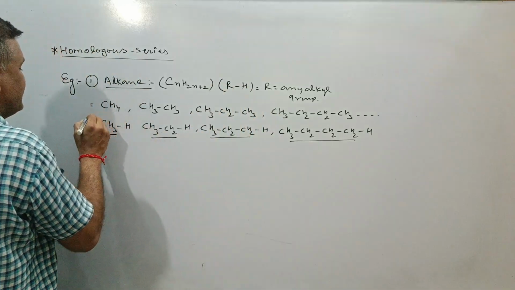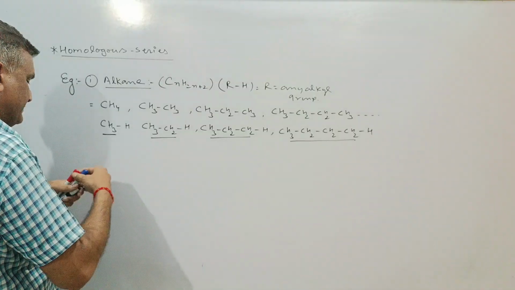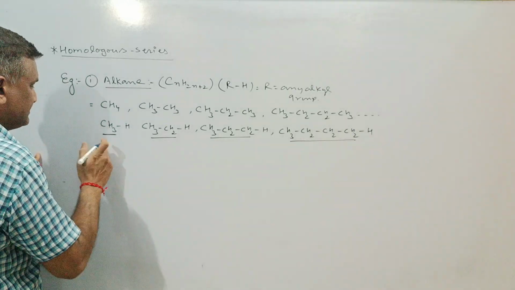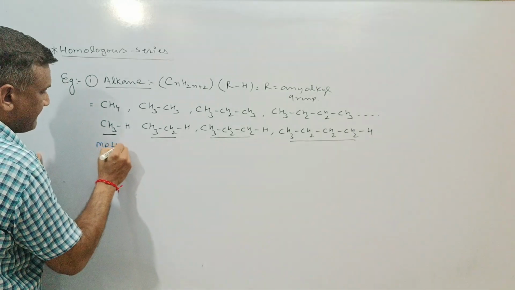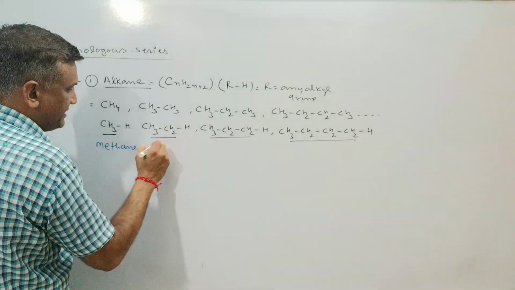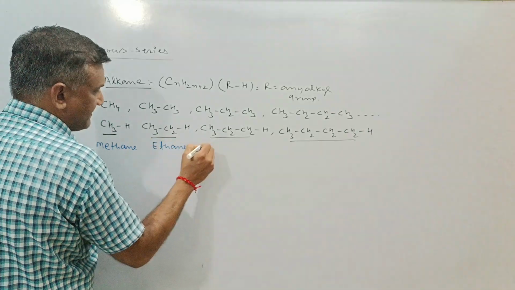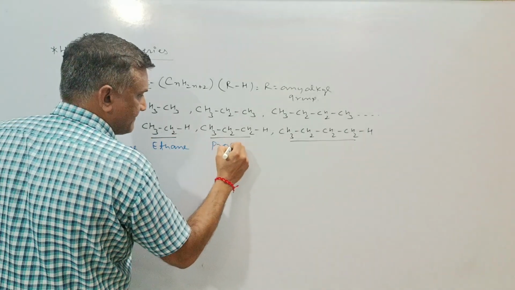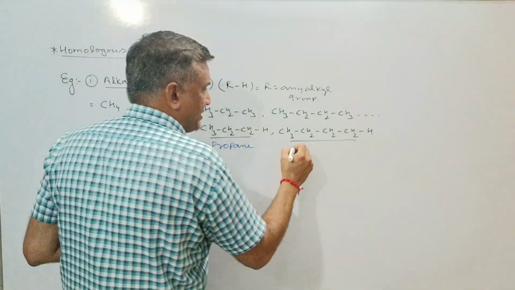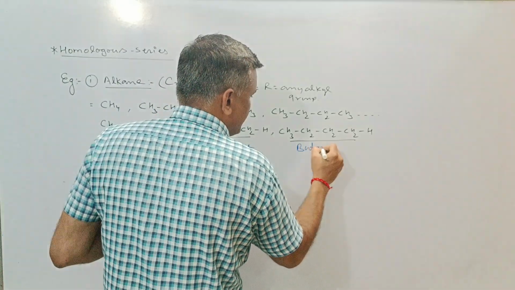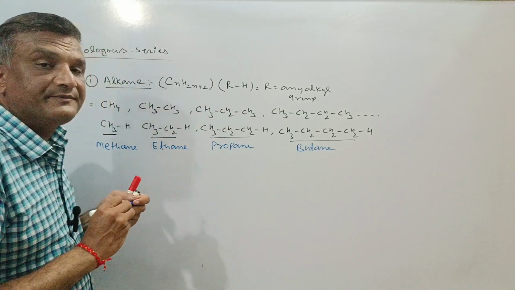If we go with the names, this is methane, this is ethane, this is propane, and this is butane. You can also call them n-propane and n-butane.